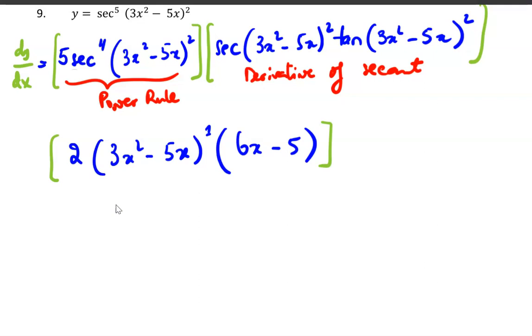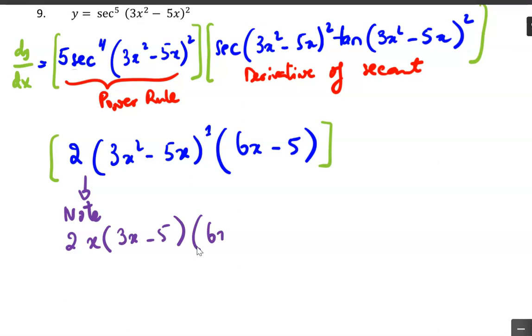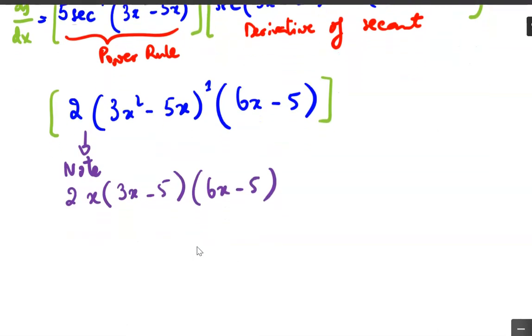In this case, because this one is raised to exponent 1, I will factor out the x. So I just want to make a note here. It can be written as 2 times x, multiplied by 3x minus 5, times 6x minus 5. So I factor out the x.